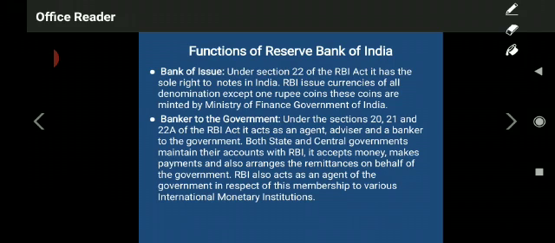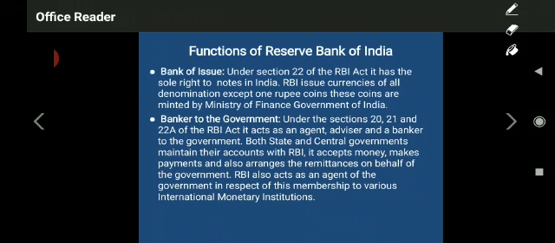But one thing you have to understand here, the 1 rupee coin is not minted by RBI. These 1 rupee coins are minted by the Ministry of Finance, Government of India. Government of India is minting rupee coins and RBI is printing all types of currency denominations. This is about the first function of the RBI, that is bank of issue.